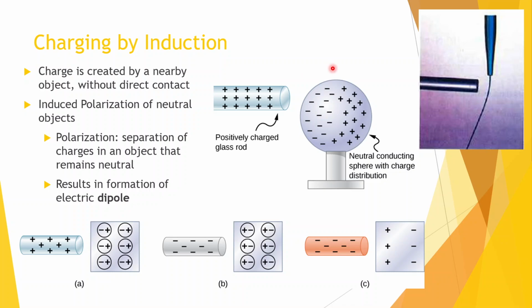So we talked about this one. We can now talk about this one. It's very similar. We have positive charges coming into contact with something that's neutral. The negative charges are attracted to it, but it is still overall a neutral object. It's just kind of realigning within its substance.